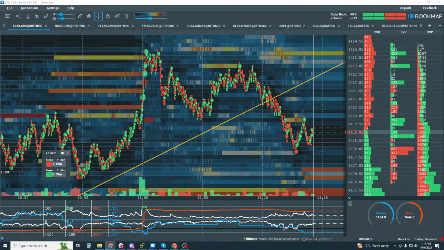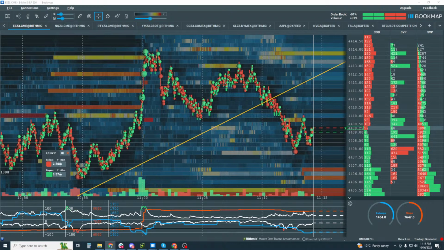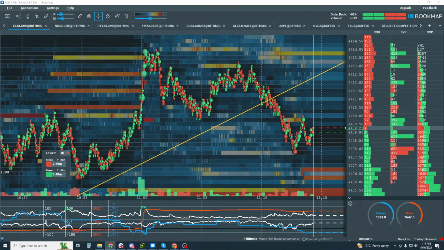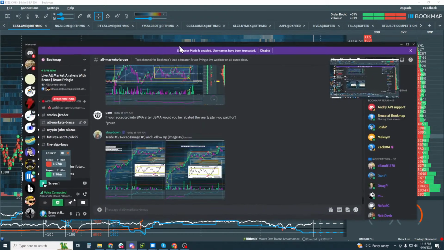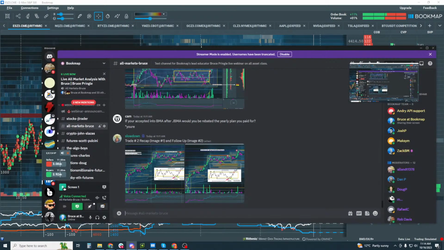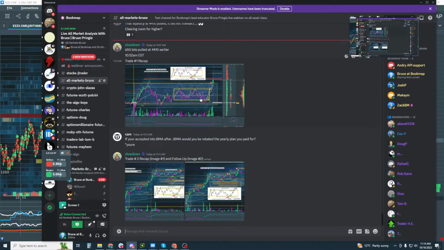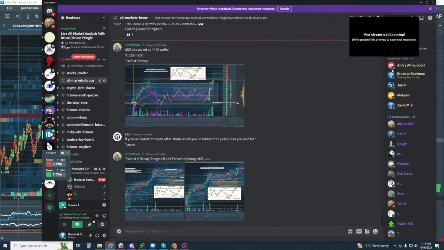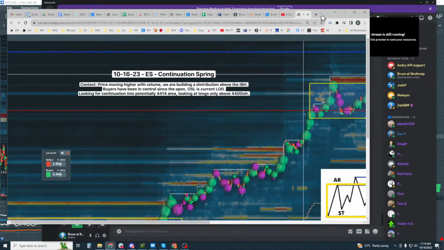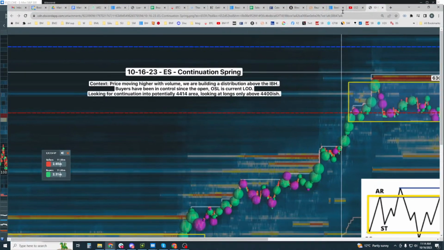You're documenting your trades. Just looking for typical things like if you go over to Bookmap Insights, or like here in our all markets, this is what I'm following right now for this webinar. You can see Slowdown has just put some in here. And this is probably the best example you're ever going to see, some of these images from Slowdown.